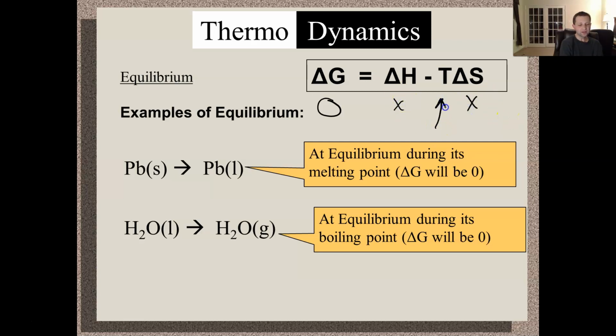If you solve for T, guess what? You just figured out the melting point for lead. Same thing with this one. You could figure out the boiling point of water. If you set delta G equal to 0 because it's at equilibrium, look up delta H in a reference table, delta S in a reference table, solve for T with your algebra, and there you go. You have the boiling point of water.